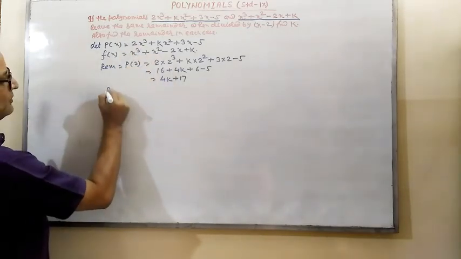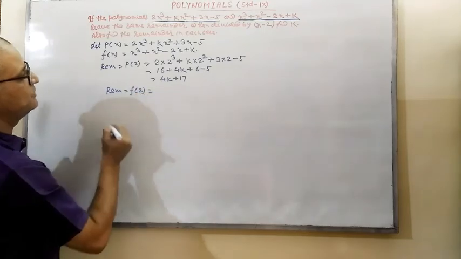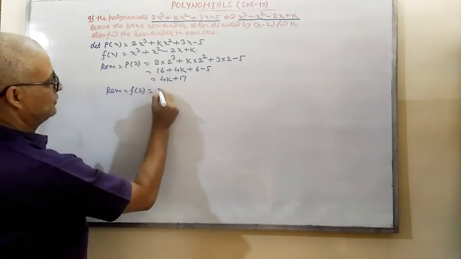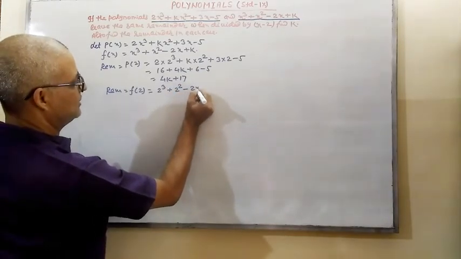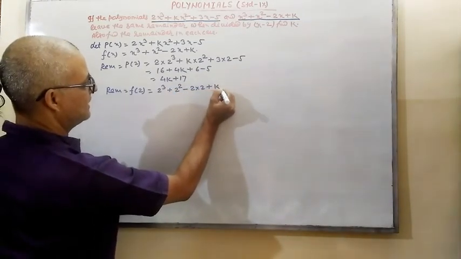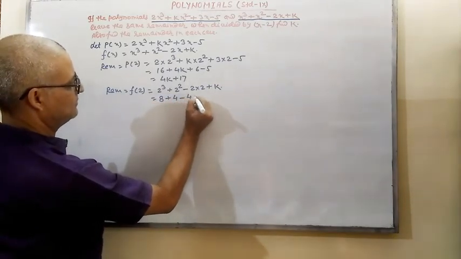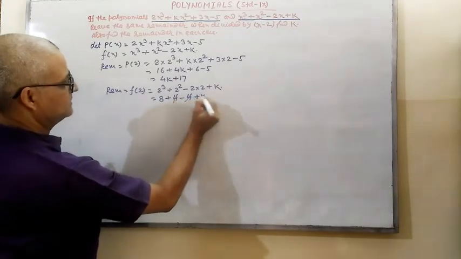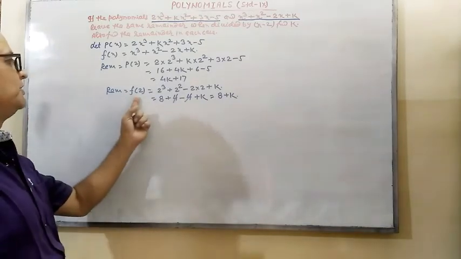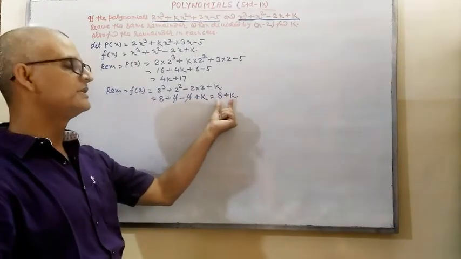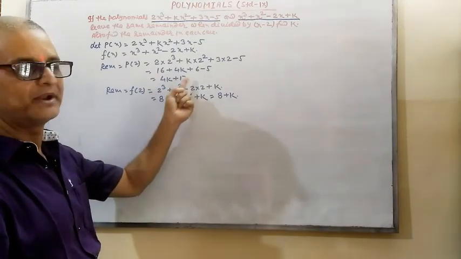Similarly, for the second polynomial, the remainder is equal to f(2). f(2) is equal to 2 cube plus 2 square minus 2 into 2 plus k. That is 8 plus 4 minus 4 plus k. So that is equal to 8 plus k. Now for the second polynomial, the remainder is 8 plus k. For the first polynomial, the remainder is 4k plus 17.